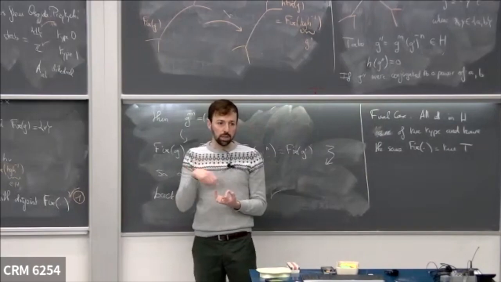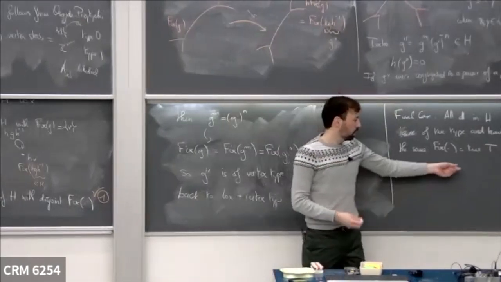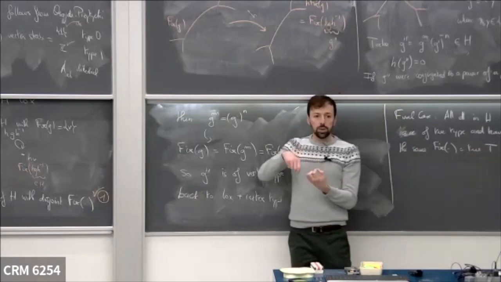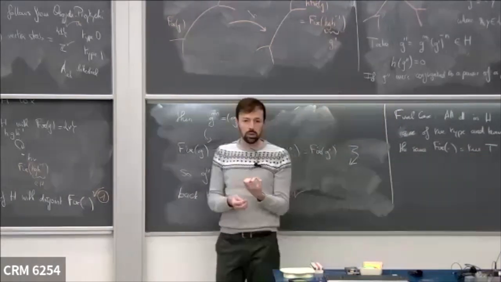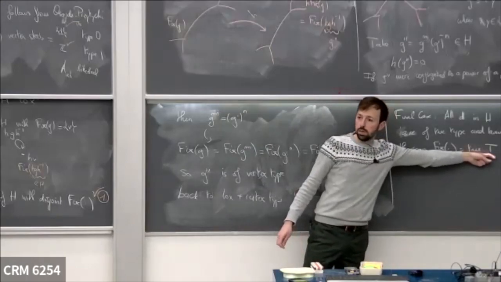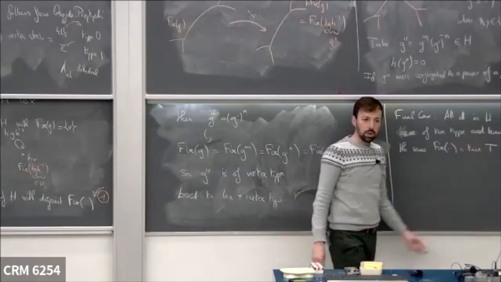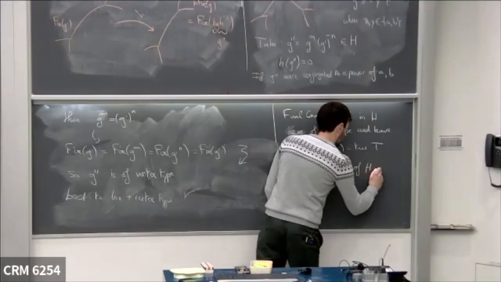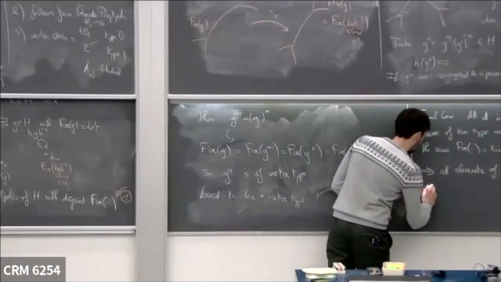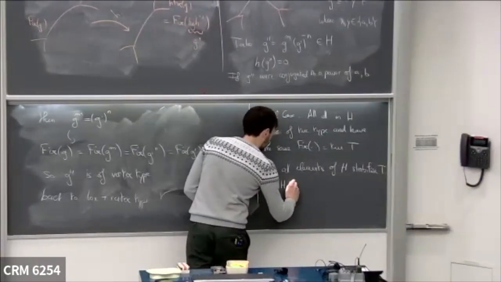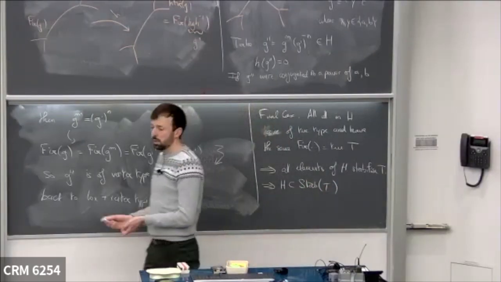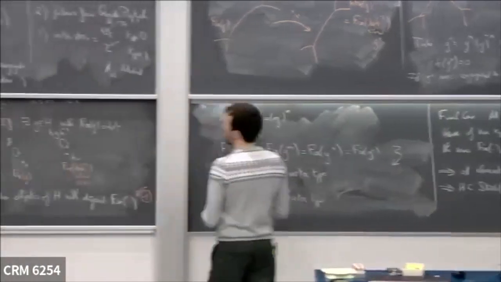Because if I conjugate an element with fixed point set this tree T, I'm going to have an element whose fixed point set is GT, but that has to be the same T. So that precisely tells me that my element stabilizes T. And now we are in the case where H is in the stabilizer of a standard tree, which was case 4.